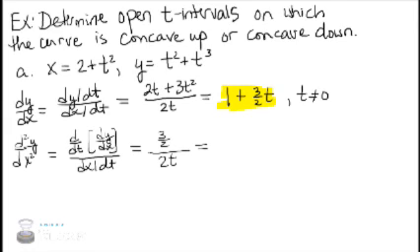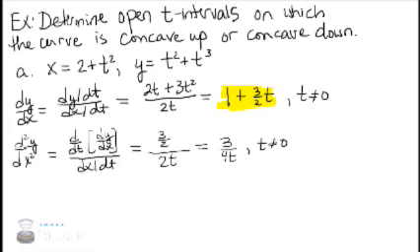Or another way of writing this is 3 over 4t. And keep in mind that t cannot be 0, but luckily we have a little reminder of that here because we still have a t in the denominator. All right, so that's our second derivative, and we want to analyze it for concavity.